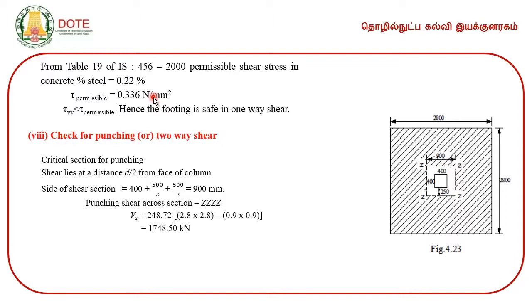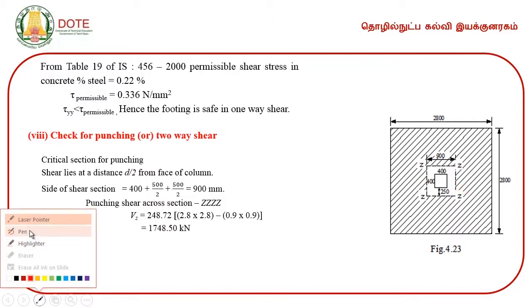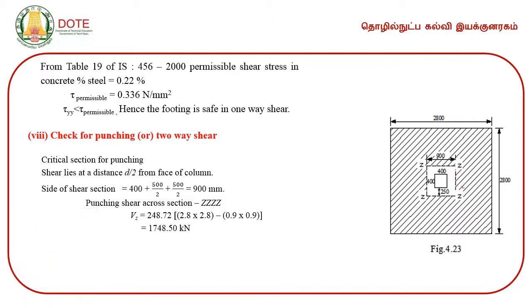And the other check for shear is punching or two way shear. The critical section for two way shear occurs at a distance of d by 2 from the face of the column, on all the four sides.